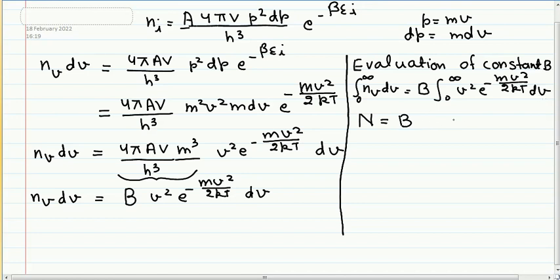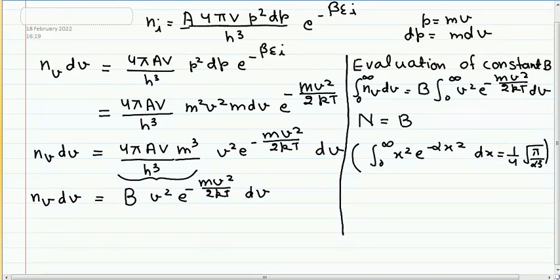To calculate this we will use the standard integration, and that standard integration is 0 to infinity x square e to the power minus alpha x square dx. This value is 1 by 4 under root pi upon alpha cube. This is the standard integration, and we will use this integration and put the value directly.